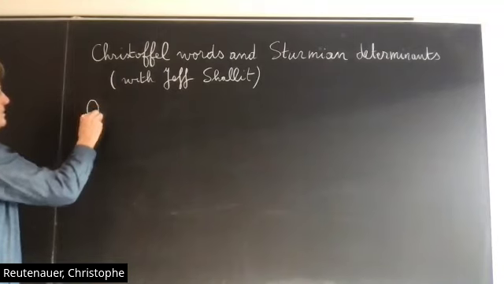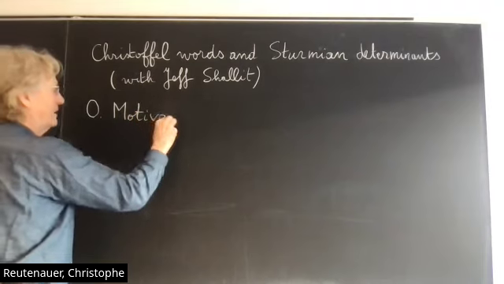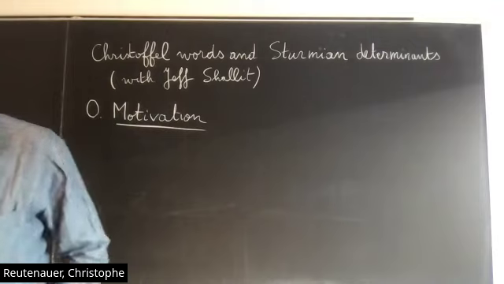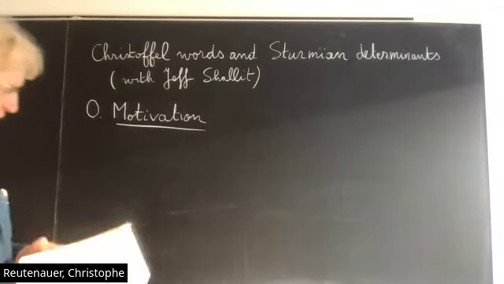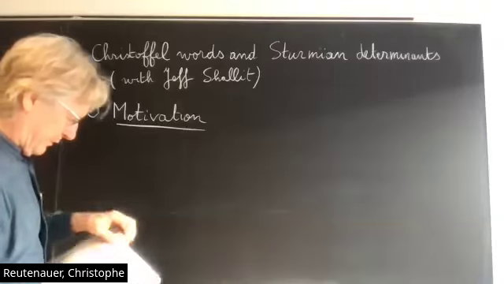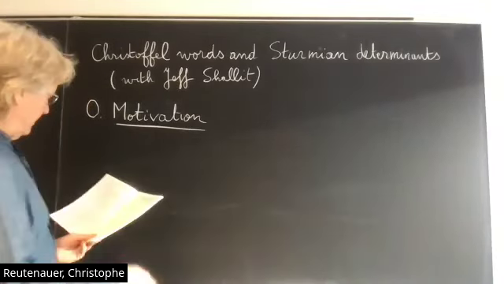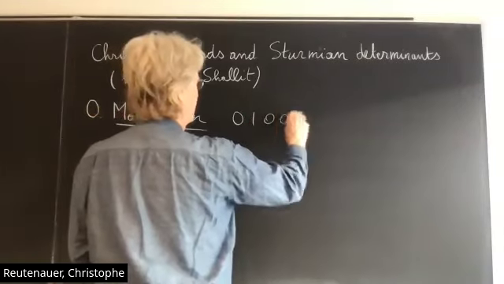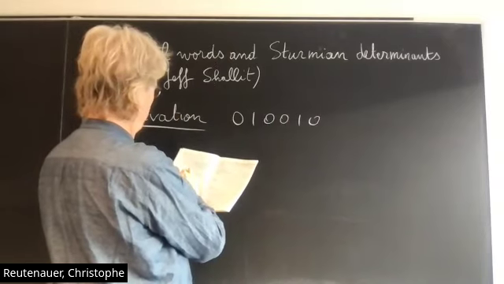First, the motivation. The motivation is, you take the Fibonacci word. I just give the first letters: 0, 1, 0, 0, 1, 0. What comes after? 0, 1, 0, 0, 1, 0.